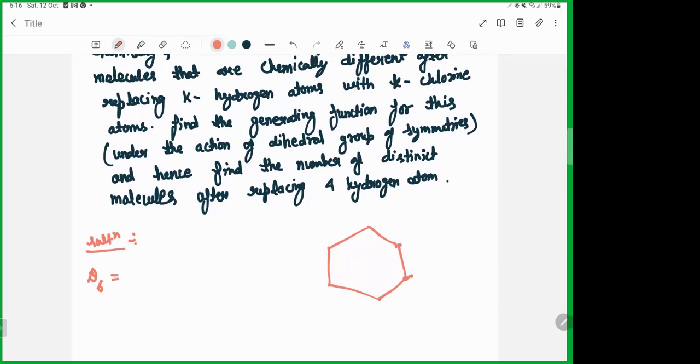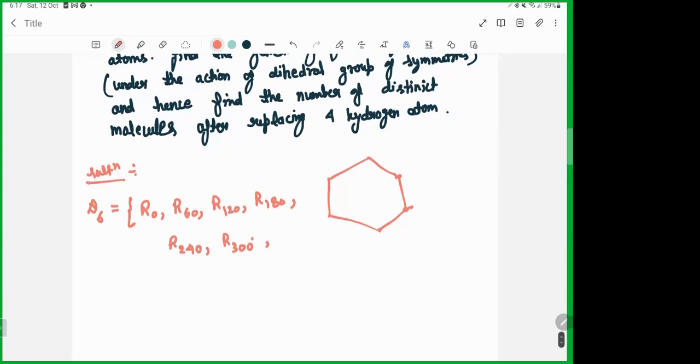What is this? Rotation along 0 degrees, rotation along 60 degrees, rotation along 120 degrees, rotation along 180 degrees, rotation along 240 degrees, rotation along 300 degrees. And then reflections.